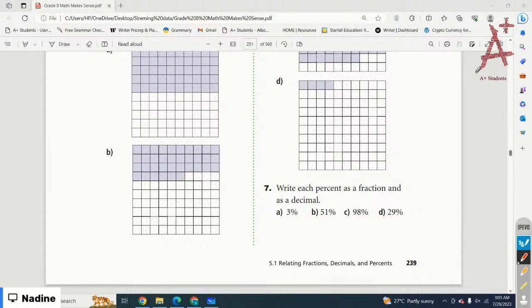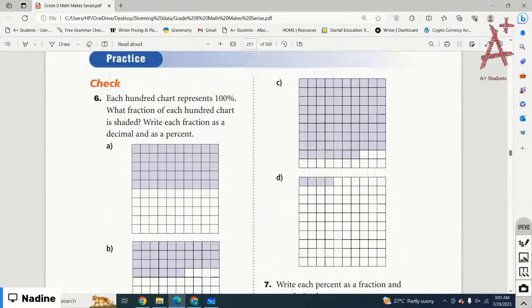Okay, the next one is, let's just look at C part. Only one complete row and three squares are not colored. That means 100 minus 13 is 87. So 87 out of 100 are colored.